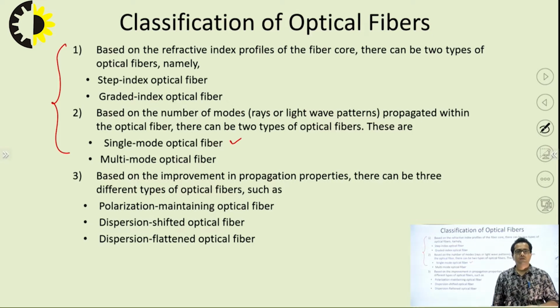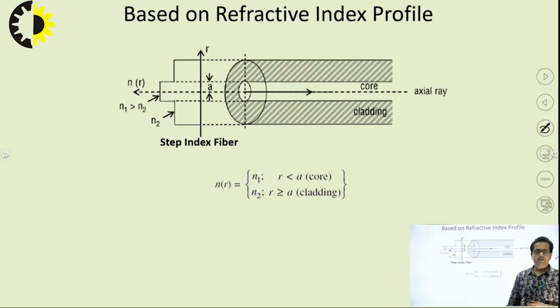So let us move into details about these two categories, what is step index and what is graded index. With the help of a pictorial diagram, we will discuss the concept of the first category. Now this is the refractive index profile of the first category, the step index fiber.